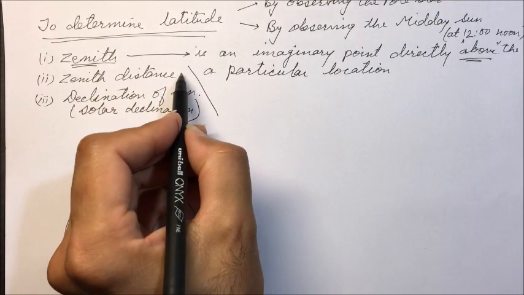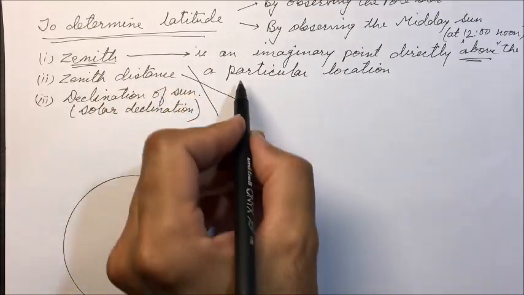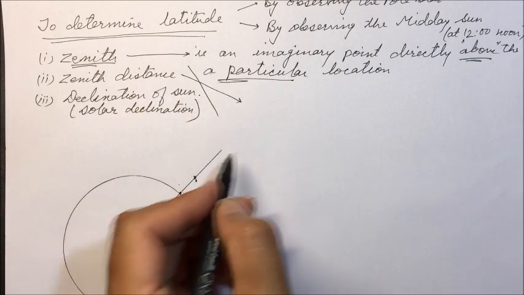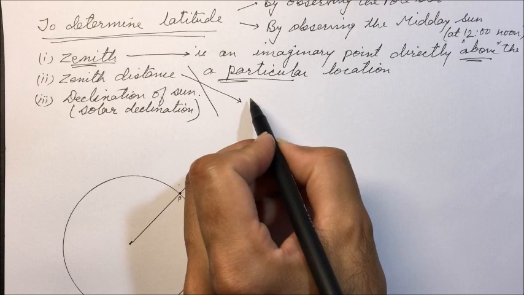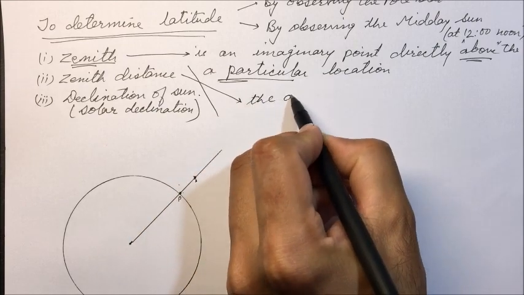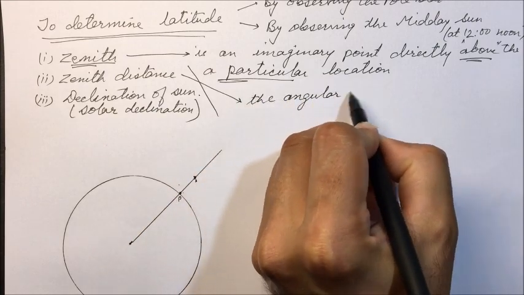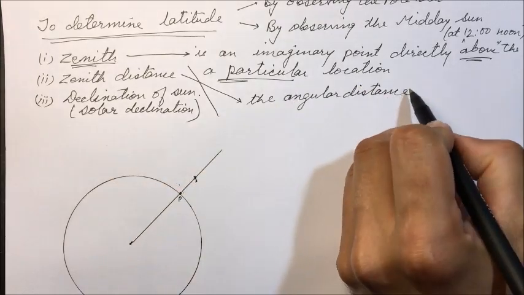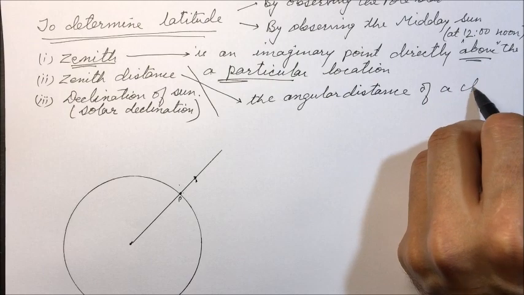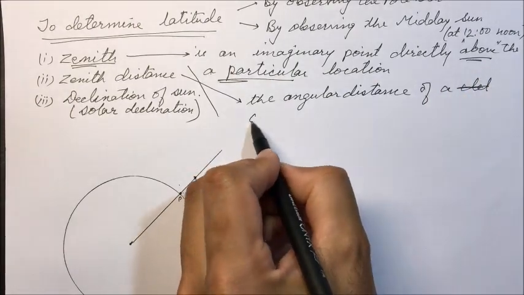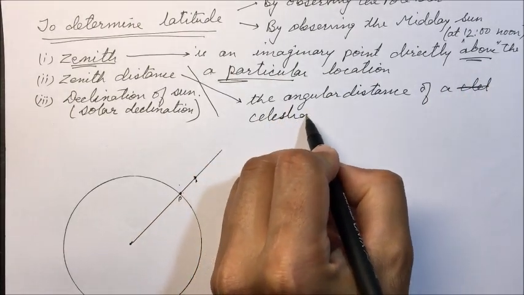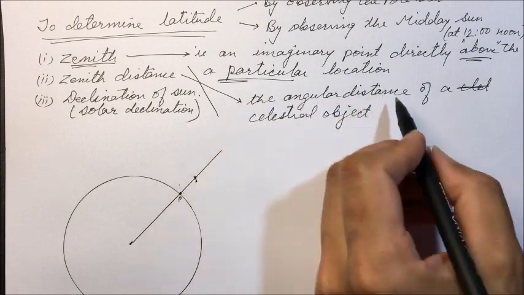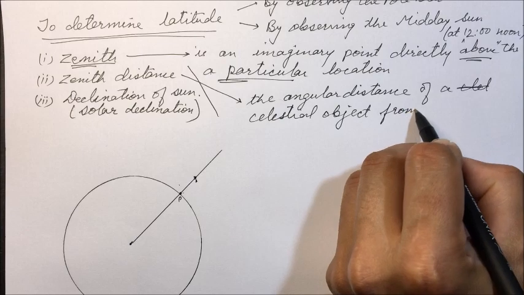Now second, we will be discussing zenith distance. So zenith distance is the angular distance of a celestial object from zenith.